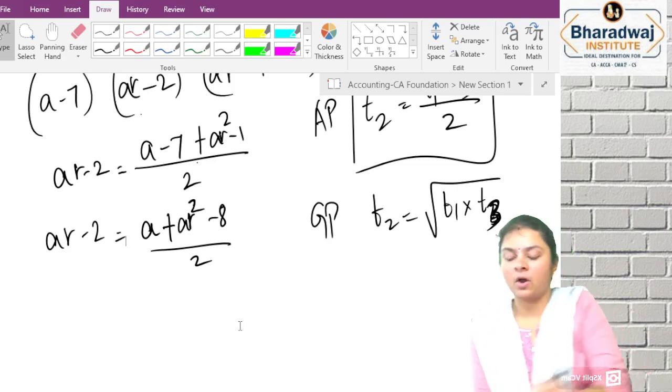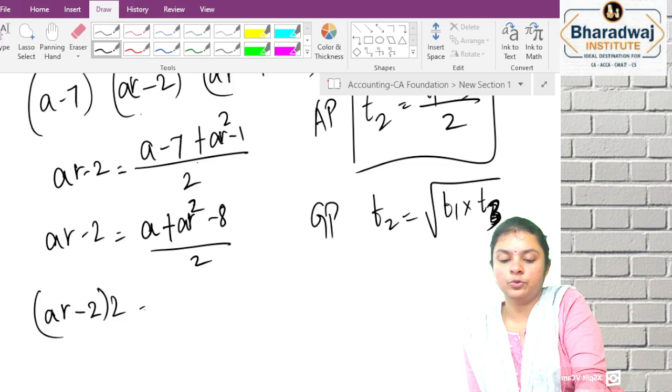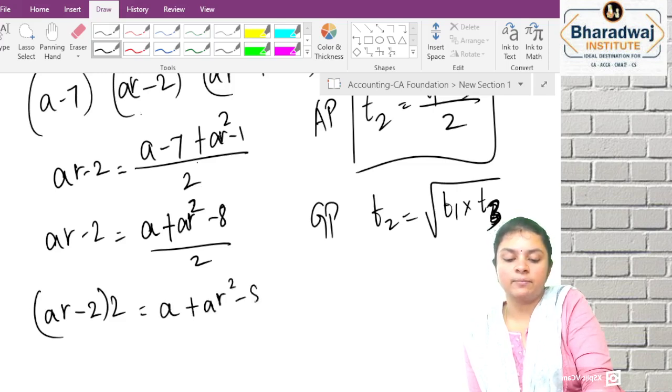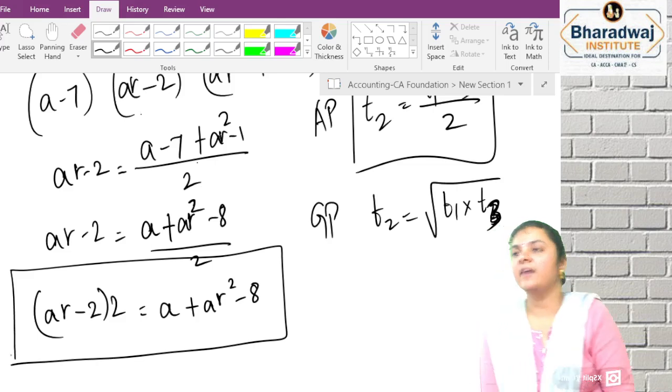Or (AR minus 2) into 2 is equal to A plus AR square minus 8. So, this is the equation that I have developed.